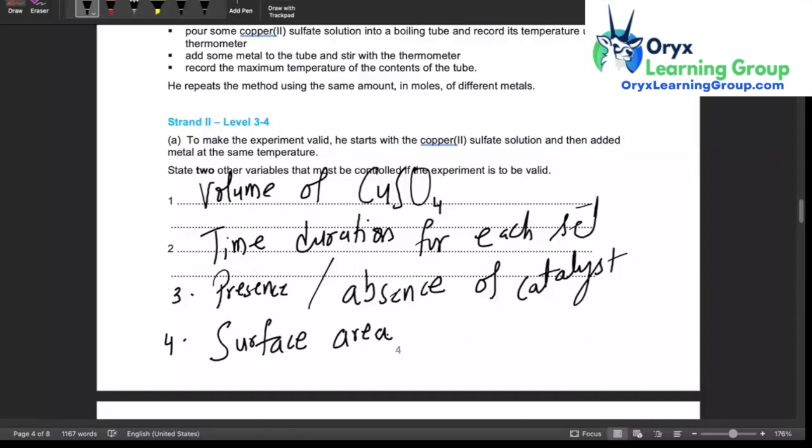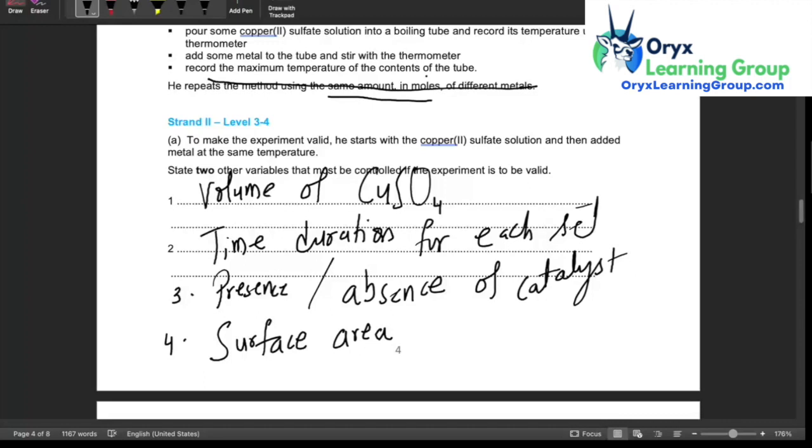Understand this? So they have asked you 2 variables. You can put volume of copper sulfate. You can also put amount of metal, but it is already given here, so I will say don't put this point. But in case this sentence was not given here, you can put that the same number of moles of metal should be taken.